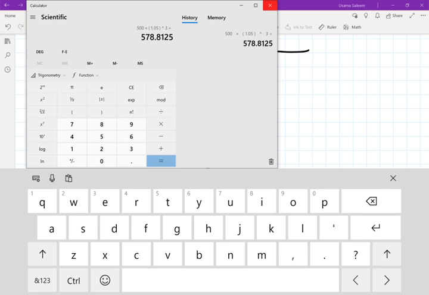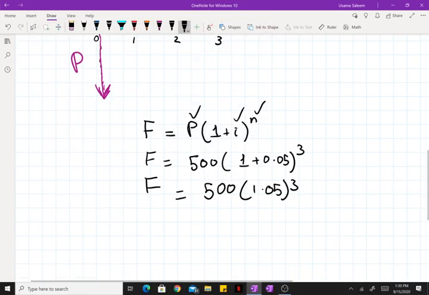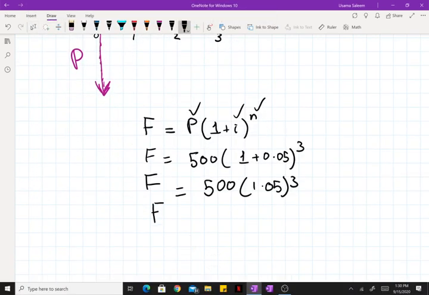Okay, so after 3 years, the amount that we can withdraw is $578.8. And if you want to round that to the nearest dollar, that's going to be $579.